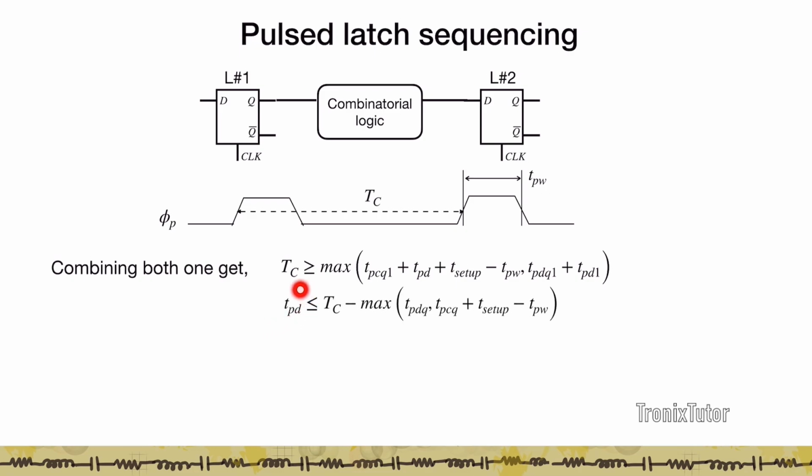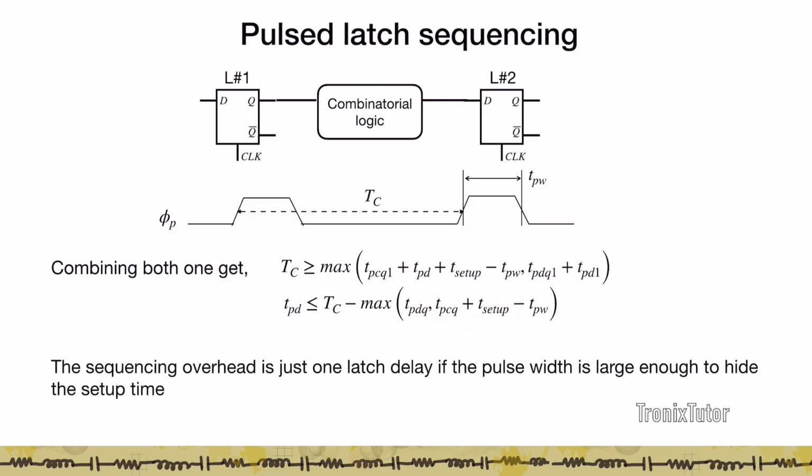Therefore, the propagation delay of the logic that you can stuff between these two latches is limited by the maximum of two sequencing overheads, one which is just TPDQ and the other one which is TPCQ plus T setup minus the pulse width of the clock.